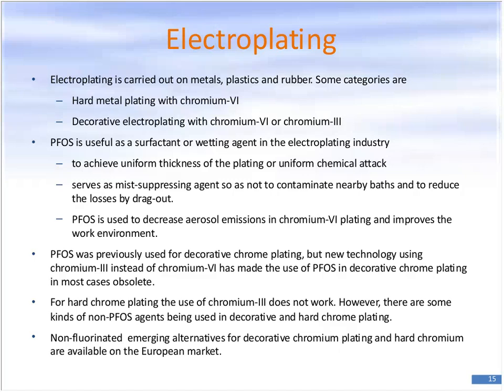As indicated, PFOS is very useful as a wetting agent here, and though PFOS was previously used for decorative chrome plating, now there are new technologies that are using chrome 3 instead of chrome 6 that has made the use of PFOS in decorative chrome plating in most cases obsolete. In the case of hard chrome plating, the use of chromium 3 does not work apparently.